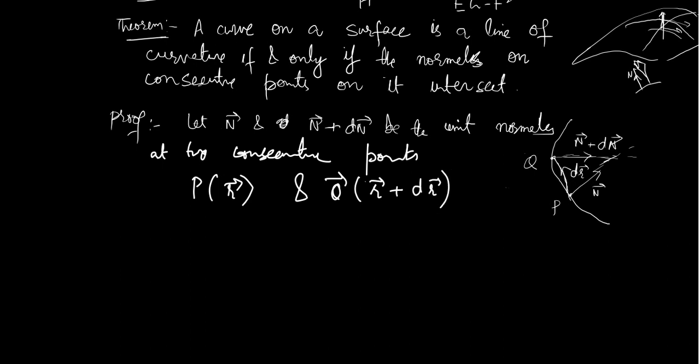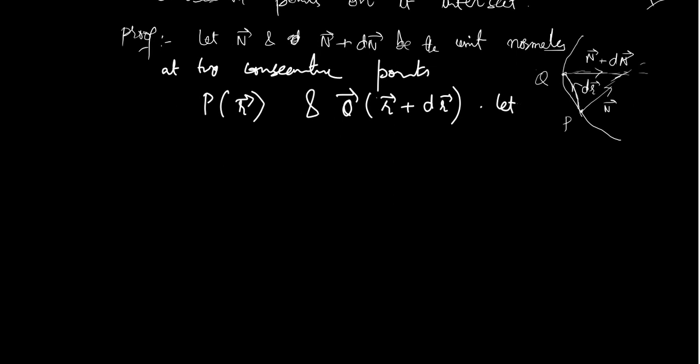And let the direction of Q be given by, let me not write it with a vector, because this is a point, this is not a vector. Let the direction of Q be given by some change in increment, of course.